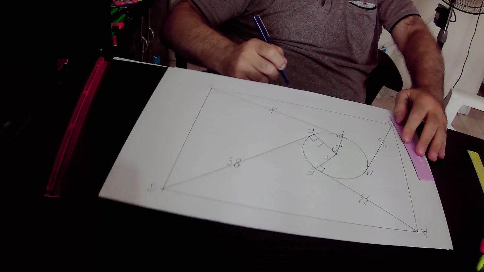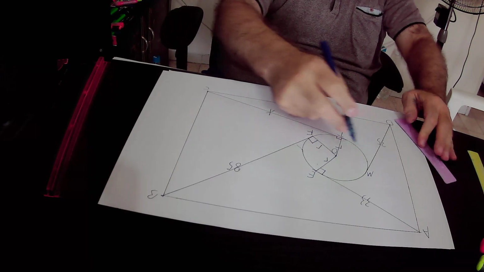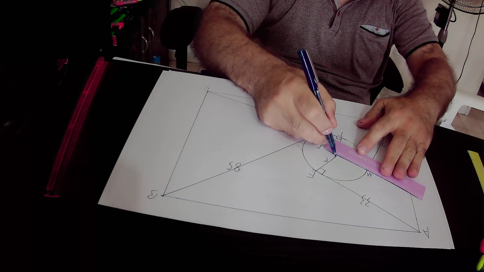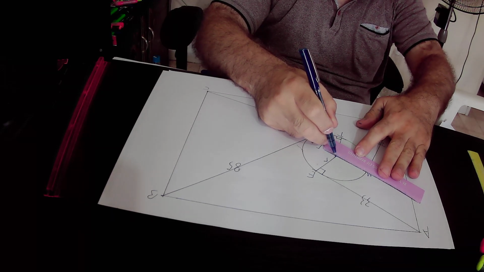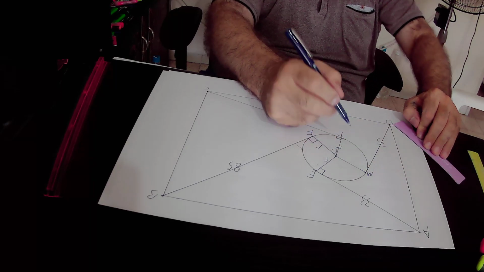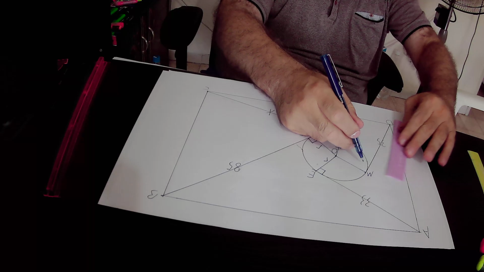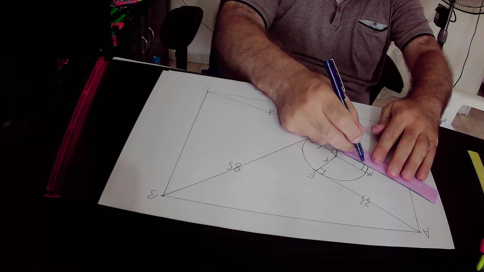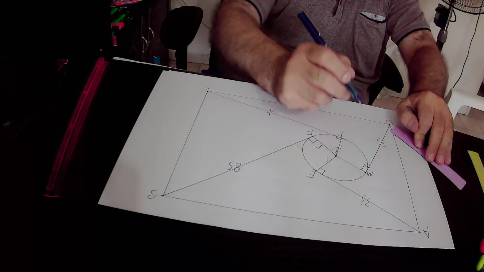And finally, we join points O and M together by a straight line. Again, point O is the center of the circle, point M is the point of the circle itself, therefore this angle will be equal to 90 degrees according to rule number 1. Okay.